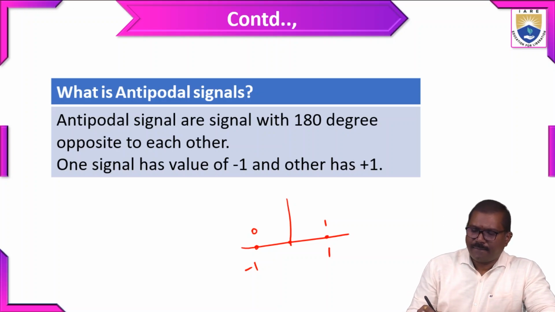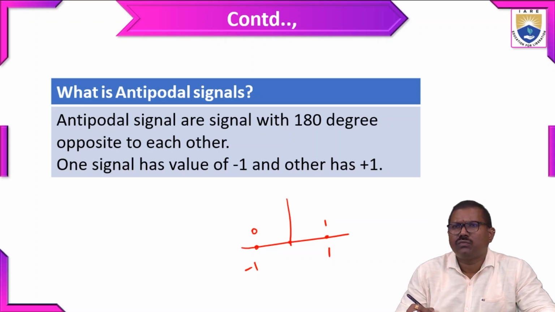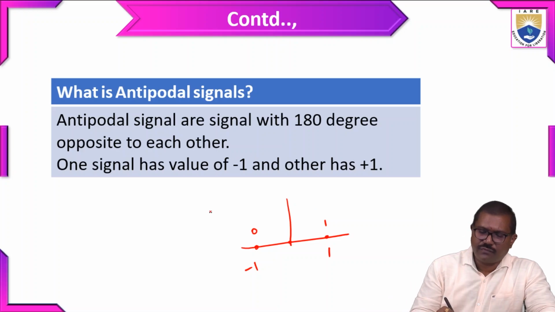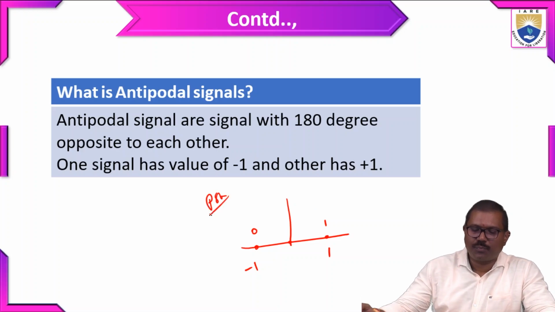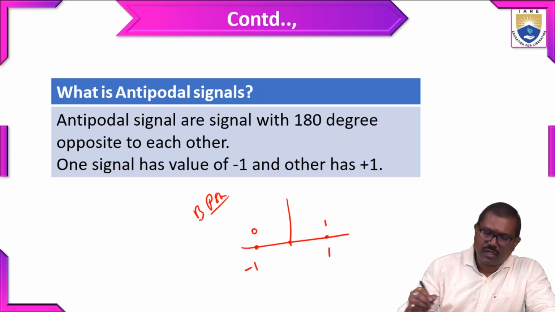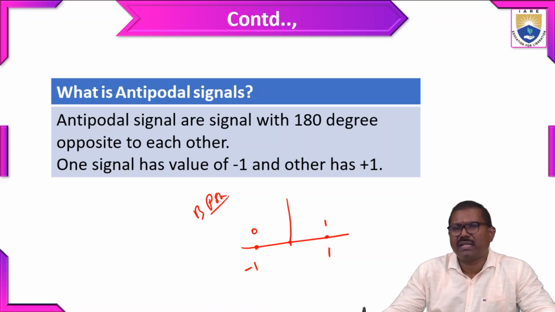Okay, when you see such a figure, this is a signal space diagram. In the signal space diagram, we can see such arrangements. So this is for PSK. So the PSK signals can be called antipodal signals or BPSK, binary phase shift keying.